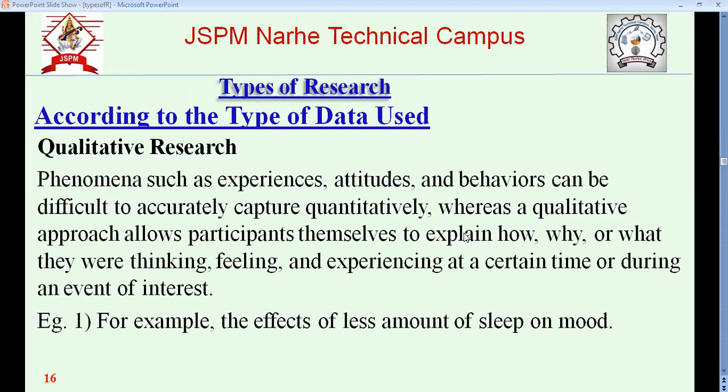All these things we need to mention in the qualitative analysis. So this example we cannot do with the quantitative analysis. Okay, so very good example.